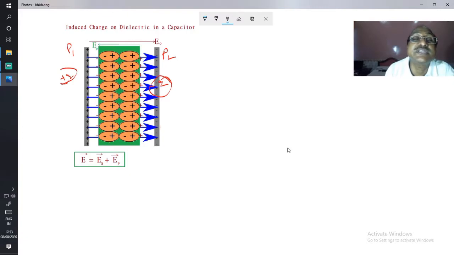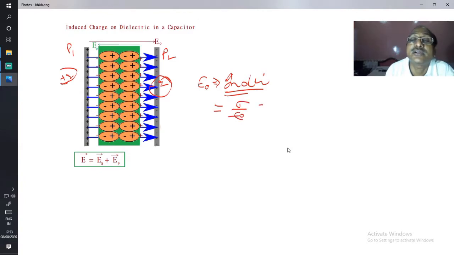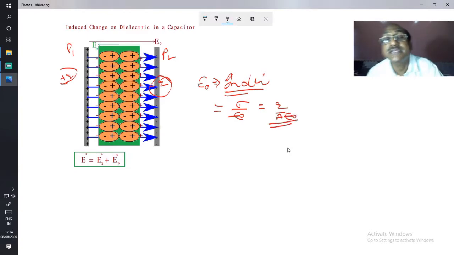In that situation, the electric field in the air is E naught, and it is sigma over epsilon naught, that is Q upon A epsilon naught. This is the electric field produced between the plates P1 and P2 when this dielectric slab is absent.